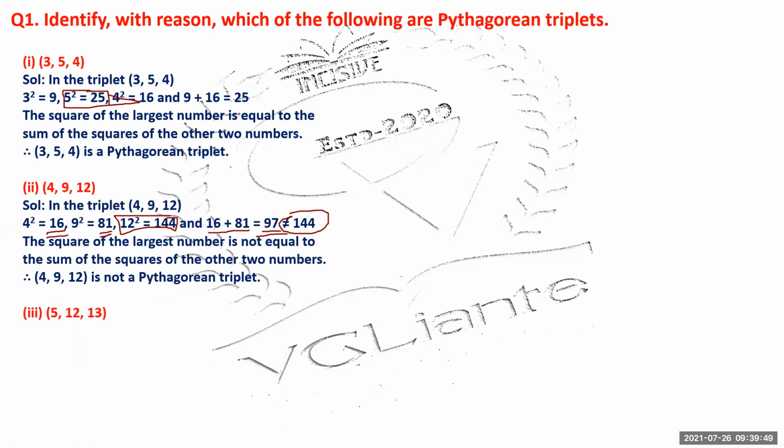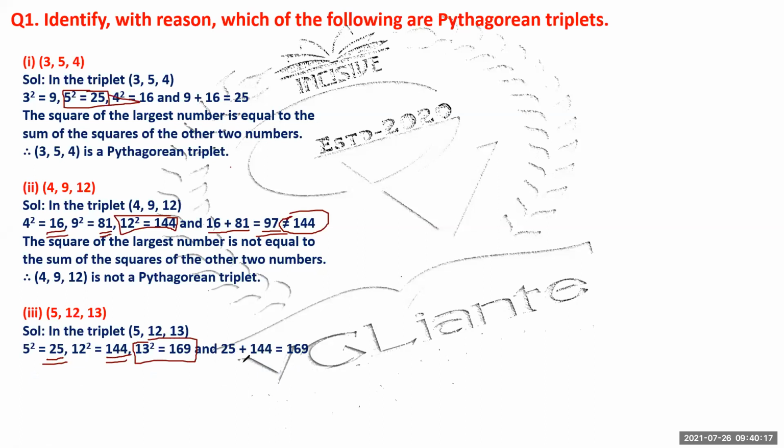Next is 5, 12, 13. In the triplet 5, 12, 13, again you are going to do the same thing. Take the square of 5, the square of 12, the square of 13. Set the square of 13 aside and add the remaining two: 25 plus 144.